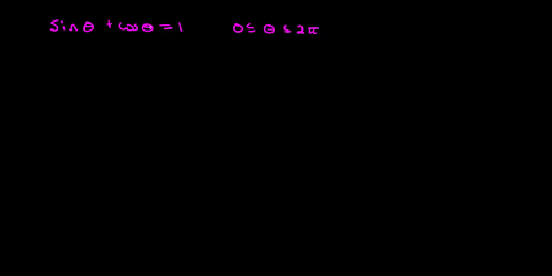Now be careful, because watch what happens. As a side note, let's say x was equal to 2. Now I squared both sides. I would get x squared is equal to 4. But what are the values here that make this true? Well, x could be 2 or x could be negative 2.